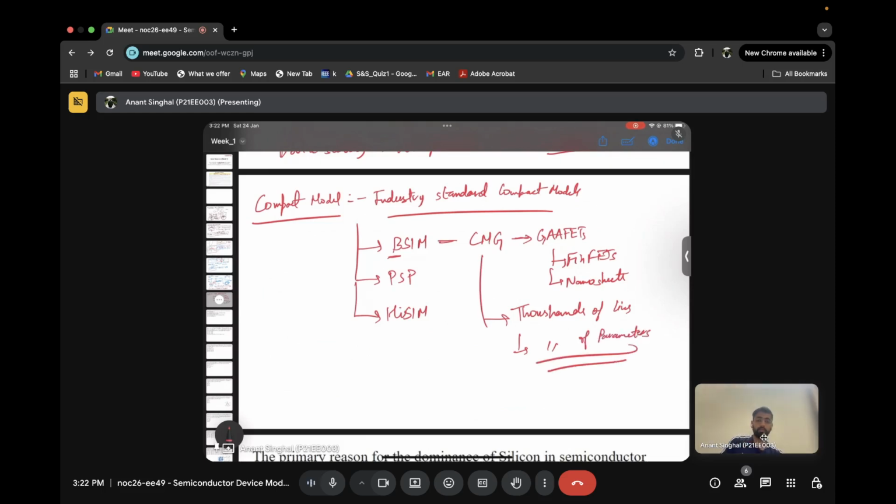I hope you can now relate how difficult it is to make a compact model. Every time a new effect comes into the picture for any device, we need to add that equation to the existing compact model. So it is getting more and more complex as we go towards more complex devices, right?